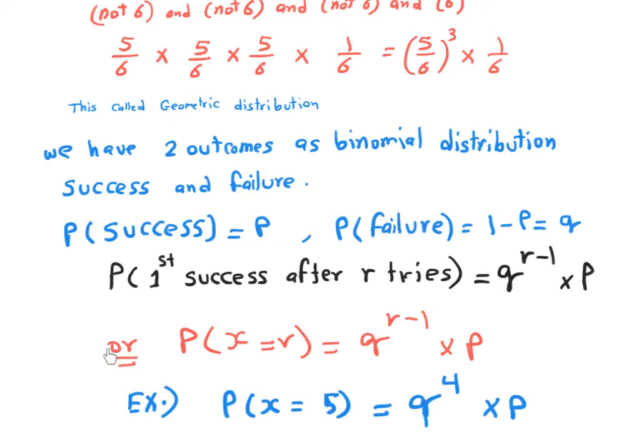So the probability of the first success after R tries equals Q to the power R minus 1 times P. Or we can write it in a different way: probability of X equals R equals Q to the power R minus 1 times P. For geometric distribution, we have expectation and variance.